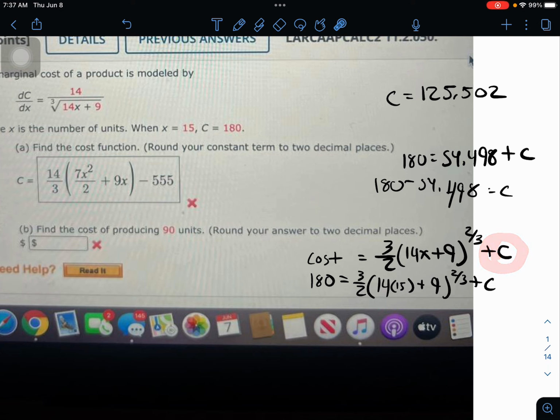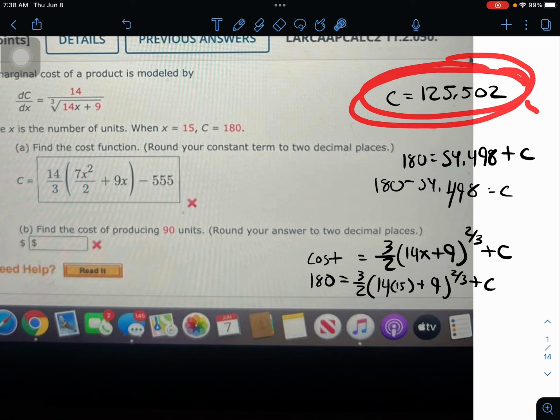And that's what I did. And to solve for it, I plugged in these two values. I put a 15 into the x. I put a 180 into the cost. I solved for the c, which is 125.502.